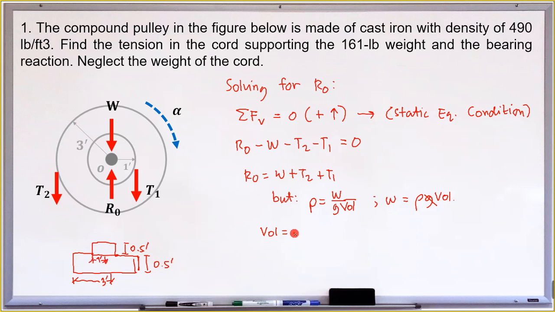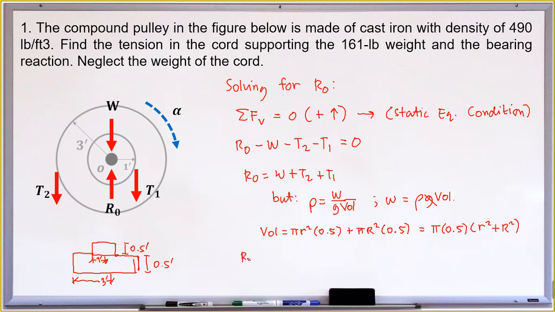So the volume is pi small r squared times 0.5 plus pi the large R squared times 0.5. Factoring, we have pi times 0.5 and then small r squared plus the large R squared.